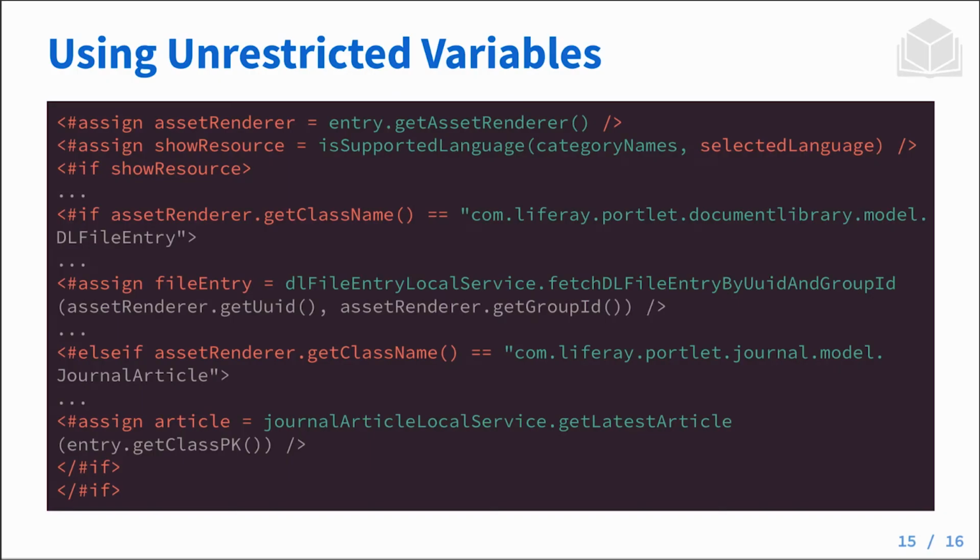All right, so let's look at another code example here. What this is doing is giving us a couple of variables at the top. For the asset renderer, that's just how we can get the asset information, and show resource, which is looking for categories as well as language. And these again are retrieved using the serviceLocator. And then we have basically a big if-else-if structure that essentially allows us to display certain documents and certain web content based off of categories and language.